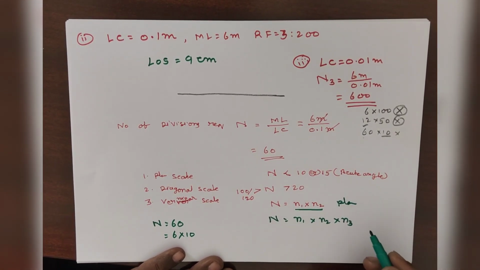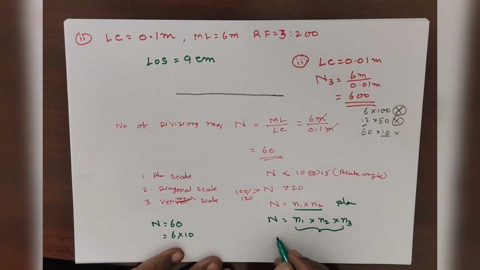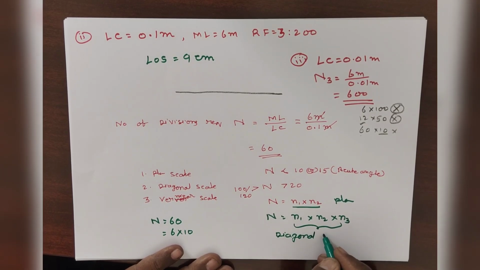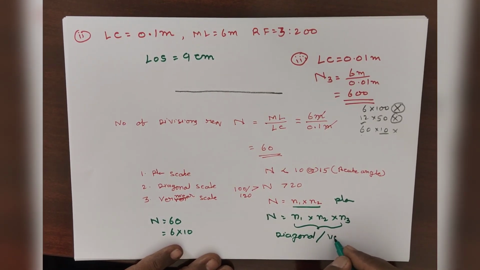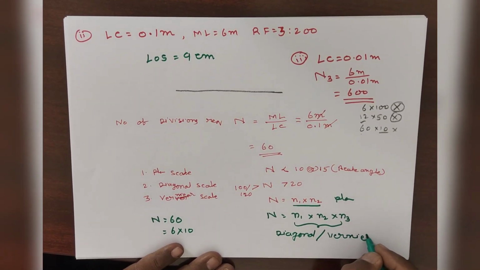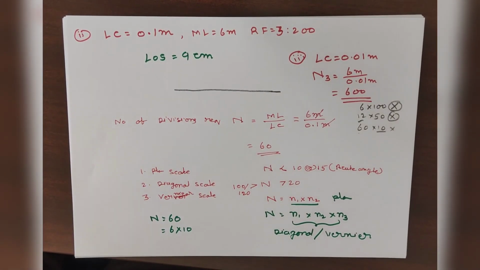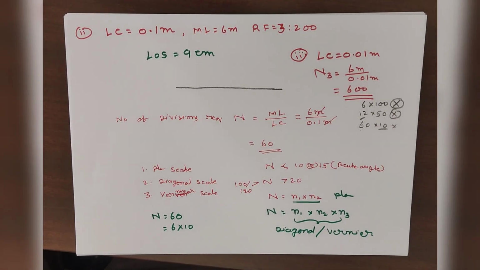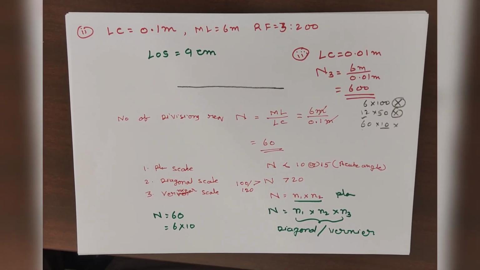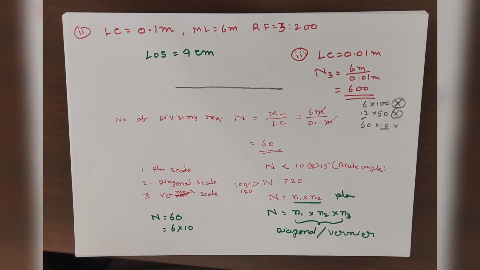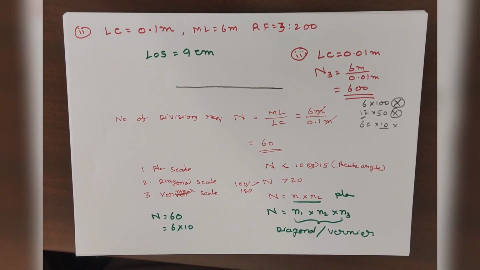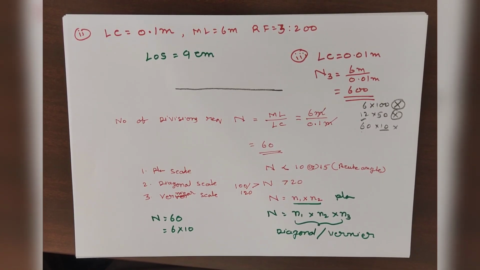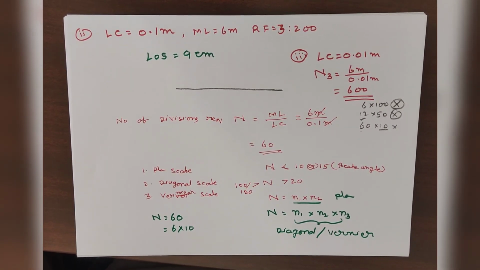Whenever it is 3, it will come under either diagonal or vernier. These 2 scales we are going to use. Sir, for 3 divisions, why are you choosing 2 different types of scales? Very simple. The principle differs from diagonal to vernier, that's all. But the least count of most diagonal and vernier scales will be the same.